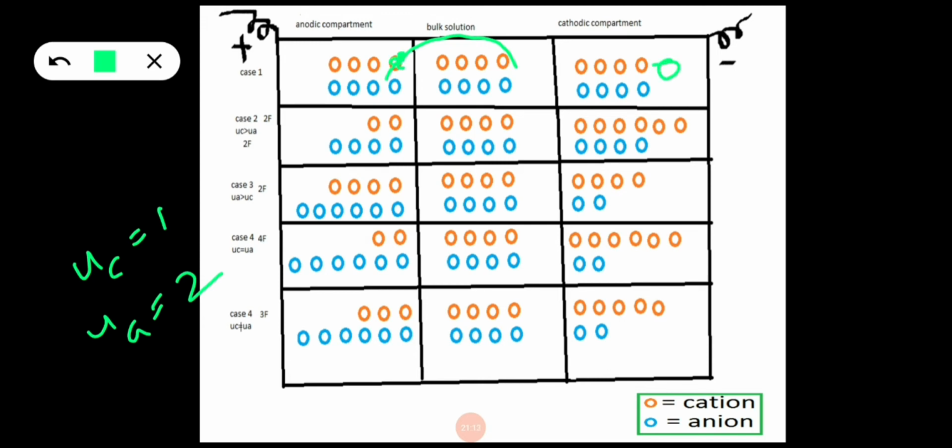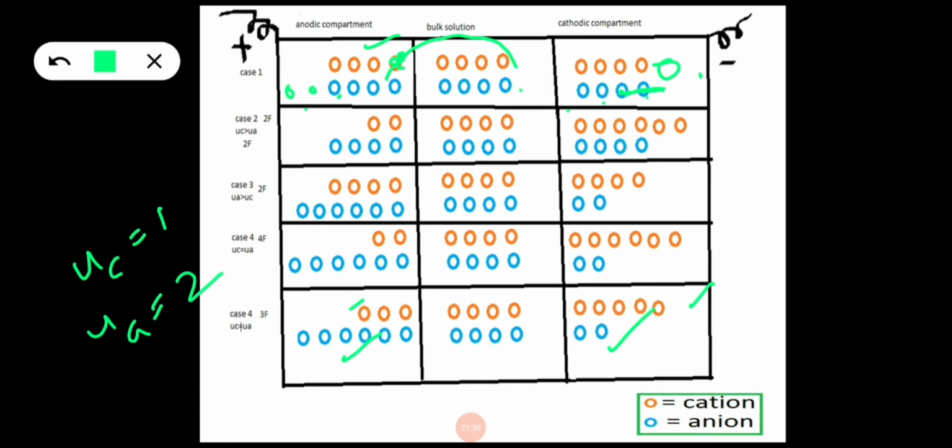So there is no cation here. And the speed of anion is 2. So 2 anions will move from here, they will come into this chamber and again they will come into this chamber. So the concentration after electrolysis will be 3 cations in this compartment. Anions will be 3 plus 3, 6 like this. And cations in the cathodic compartment will be 5 and anions will be 2.